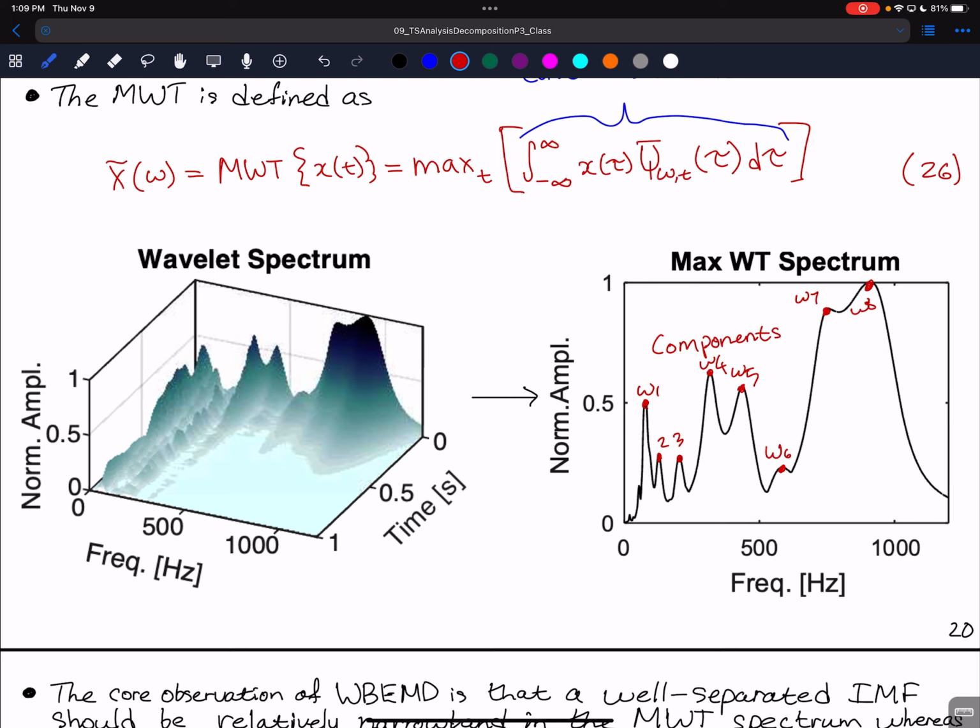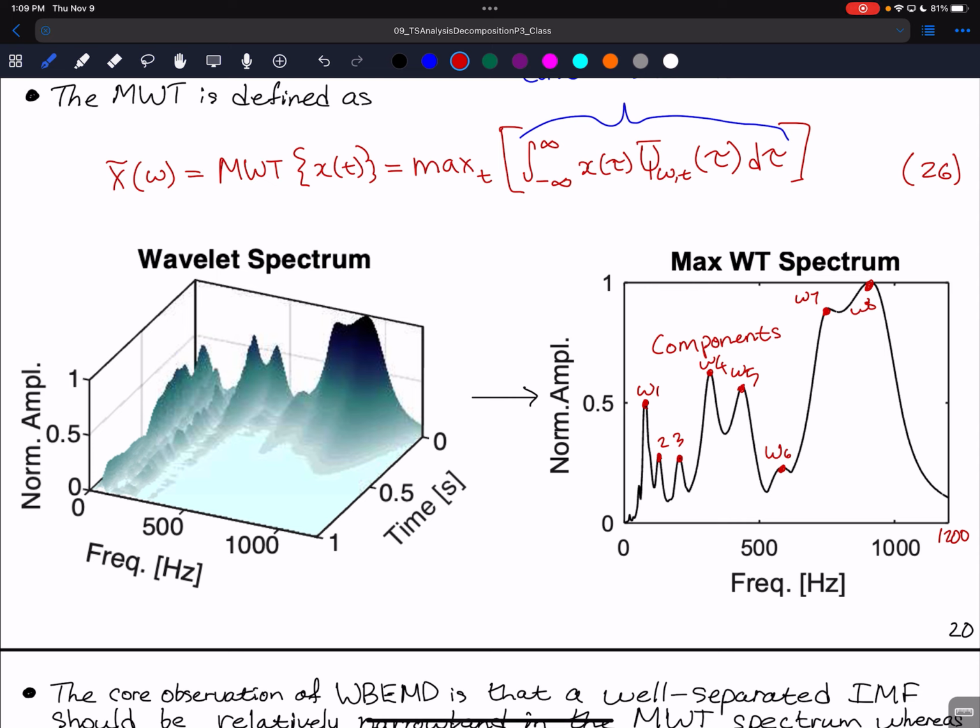The algorithm actually starts off, so in this case, I think this is like 1200 hertz, that far limit. You would tell it that the range for calculating the wavelet transform is 0 to 1200 hertz. And what it will do is extract the first component and then decrease the range of that domain.